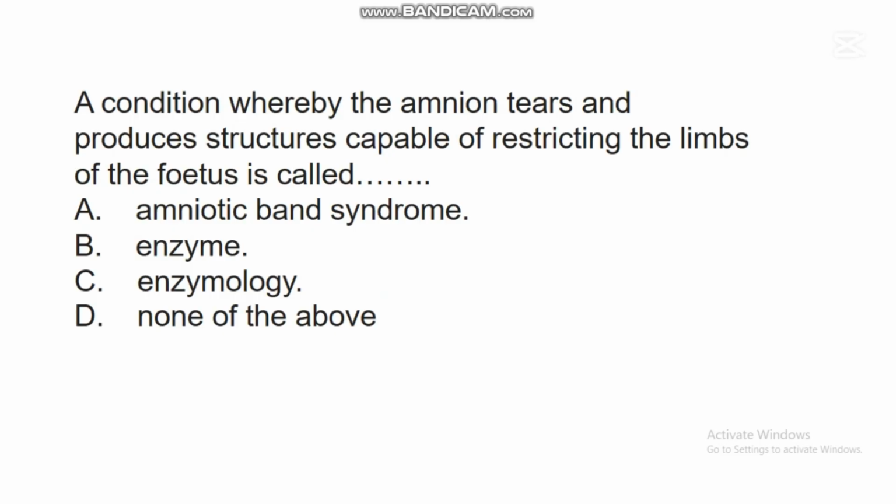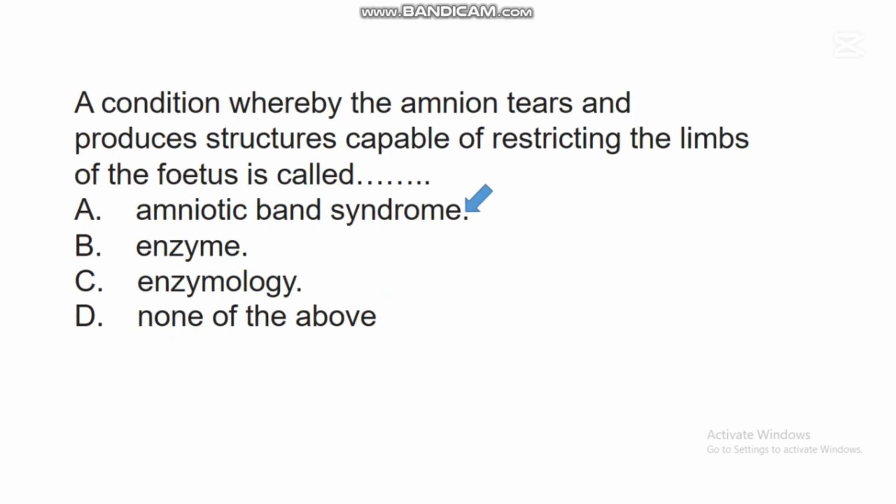The next question says, a condition whereby the amnion tears and produces structures capable of restricting the limbs of the fetus is called dash. A. Amniotic band syndrome. B. Enzyme. C. Enzymology. D. None of the above. In this question, the correct answer is A. Amniotic band syndrome.